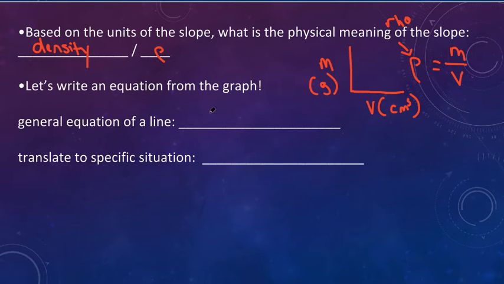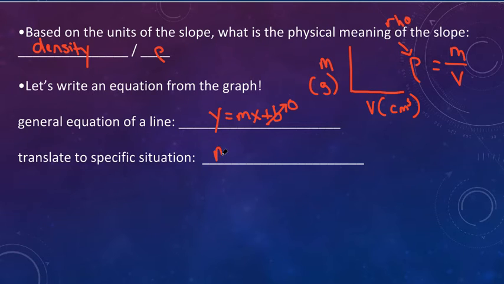So the general equation of a line is y equals mx plus b, so we have that. But translate to our specific situation, okay, we never want to leave in our lab book that the equation of our graph is y equals mx plus b. You have to ask yourself, what's on the y-axis? What's on the x-axis? What's our slope? What's our y-intercept? So in this case, our y-intercept was 0, so that's going to cancel out.